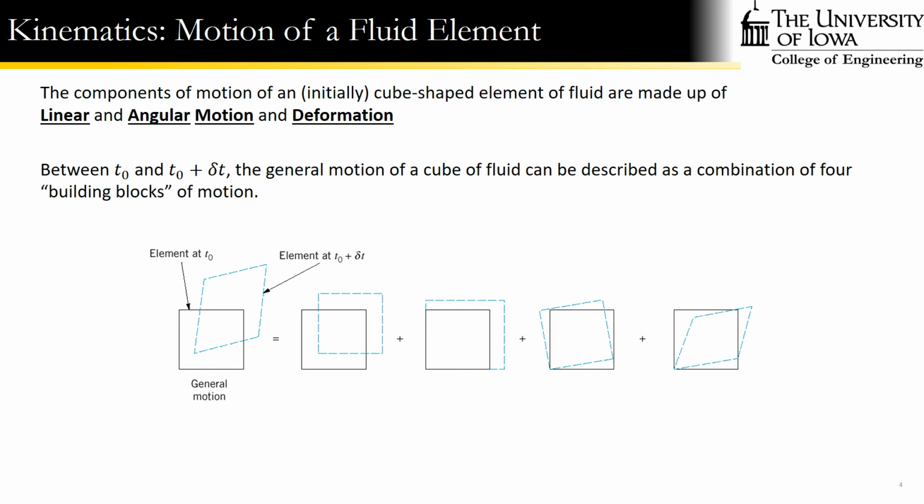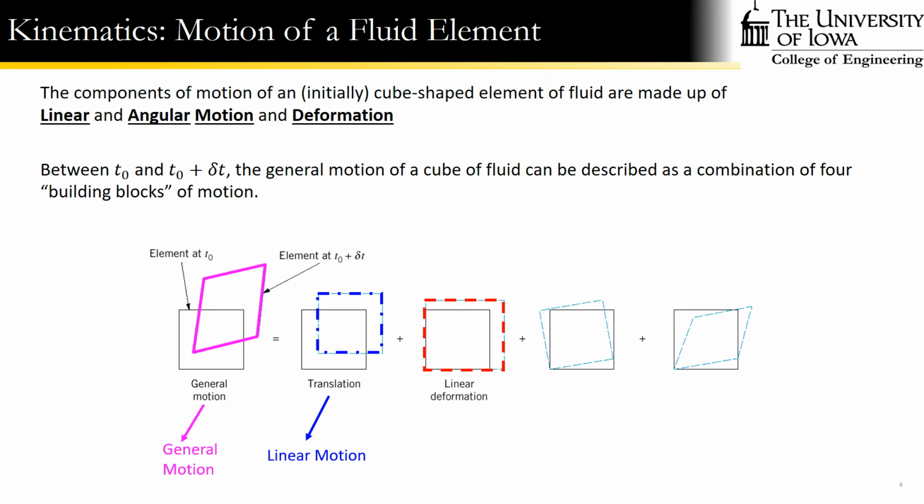So what we're doing now is we're saying we can decompose that motion into linear motion and angular motion. So moving, rotating. But under each of those, for linear and angular, there is both the actual motion and then there's deformation. So the first of these would be translation, which is pure linear motion. Then we have what's called dilatation or linear deformation. So there are linear components.